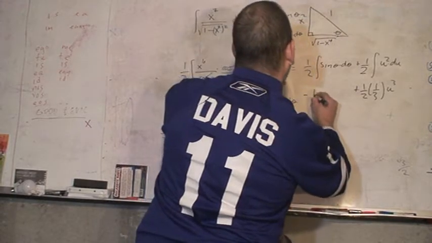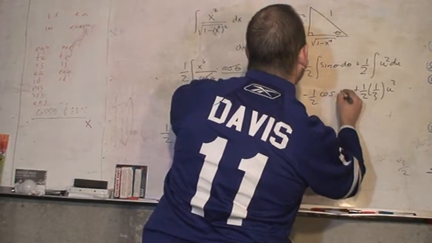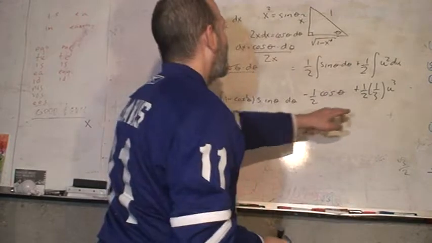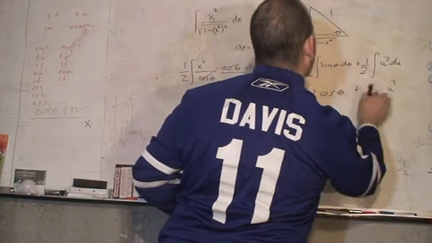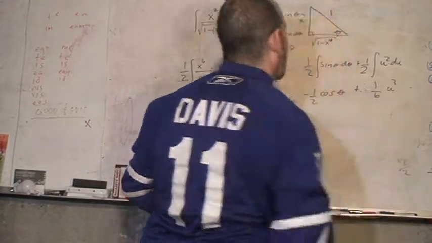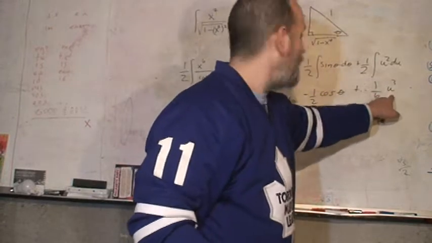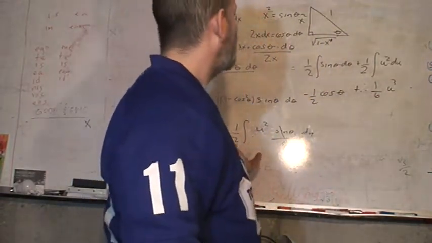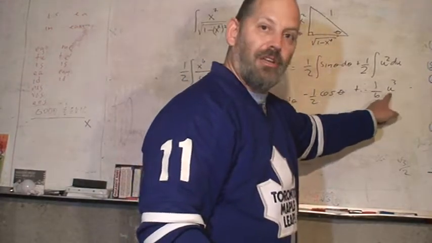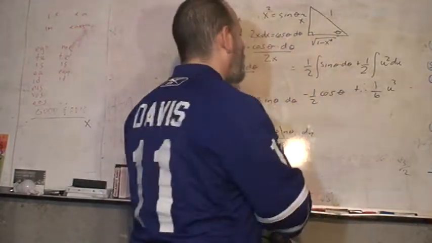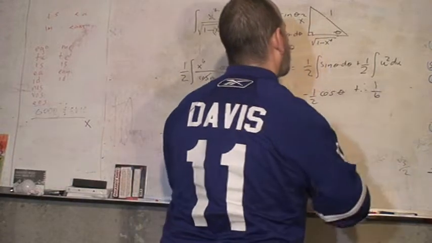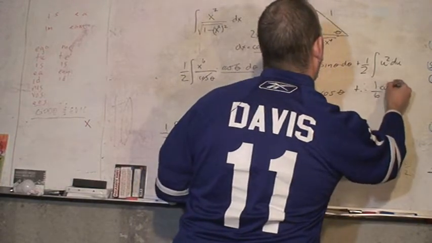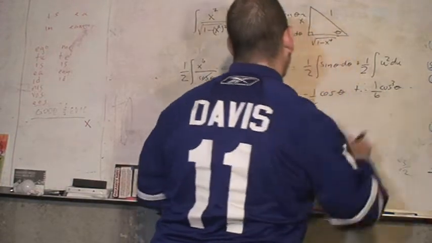So we have a negative 1/2 cos theta, right? And now this becomes a 1/6. And now we have this u. What was the u? u was equal to cos. So every time you see a u, you put a cos. So we just put 1/6 cos cubed theta, right?